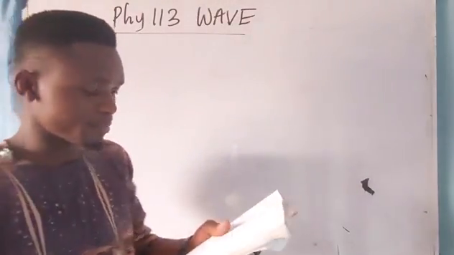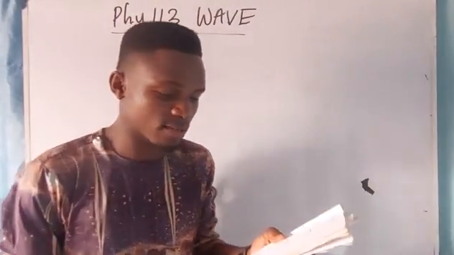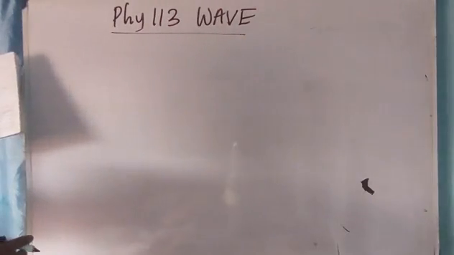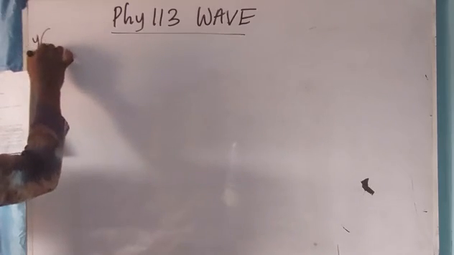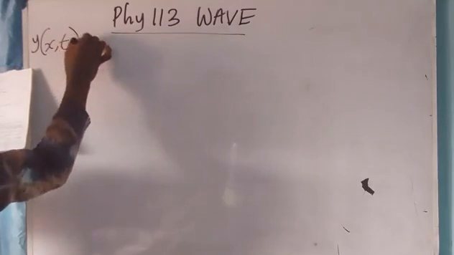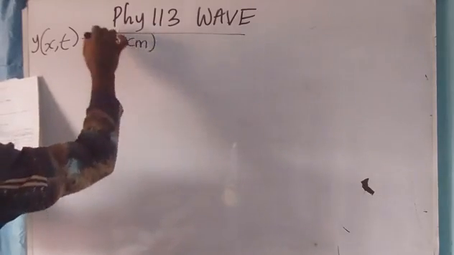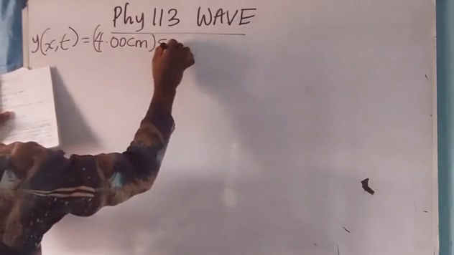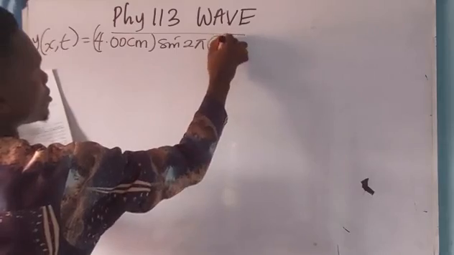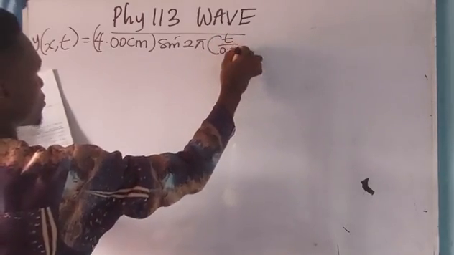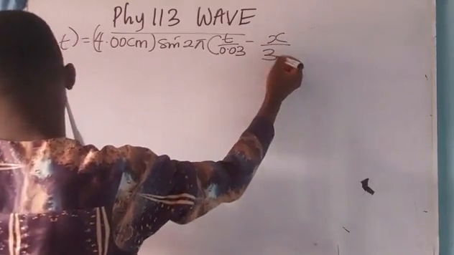So the first one says, the equation of a certain transverse wave is given as y(x,t) equals 4.00 centimeter sine 2 pi open brackets t over 0.03 minus x over 3.